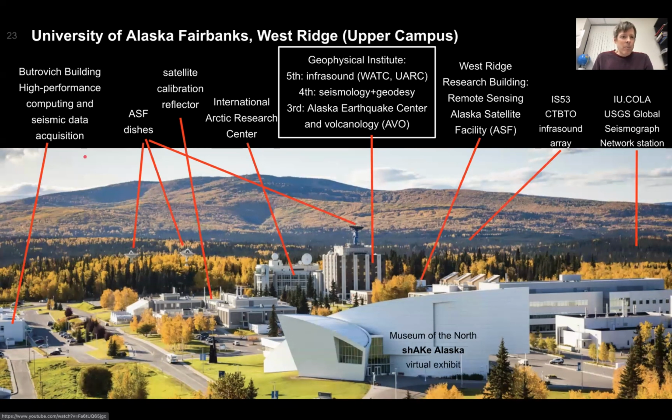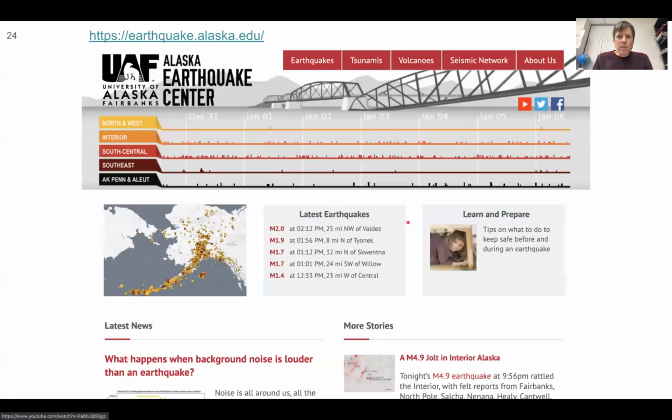We have high performance computing, seismic data acquisition, Alaska Satellite Facility, dishes, International Arctic Research Center, infrasound, seismology, geodesy, volcanology here at Geophysical Institute, infrasound array for comprehensive test band treaty monitoring of nuclear activity. There's global seismograph station in the woods out here, and even at the Museum of the North hosted a virtual exhibit that's available online, Shake Alaska. So a lot of activity coming here.